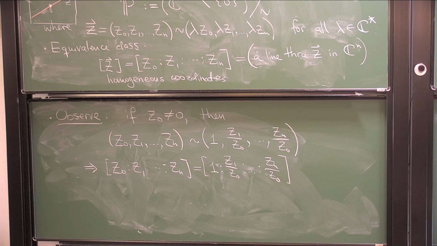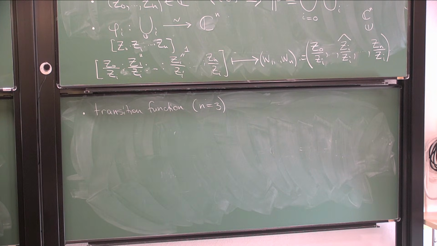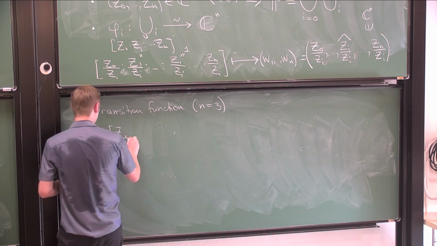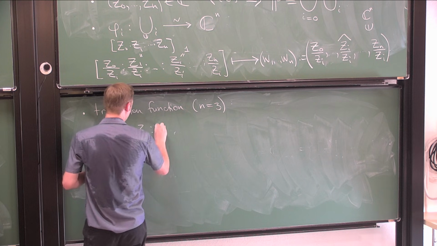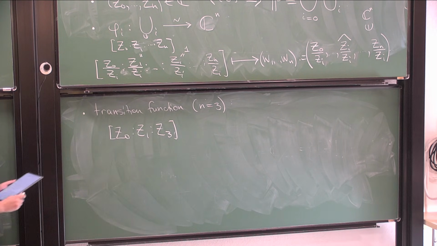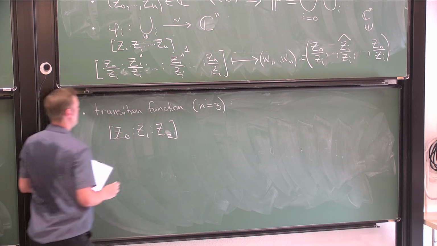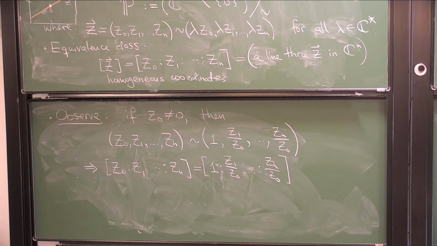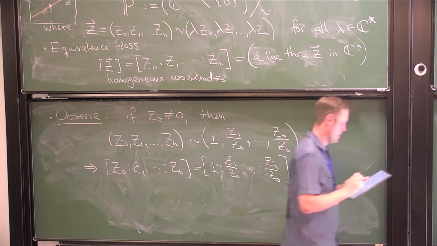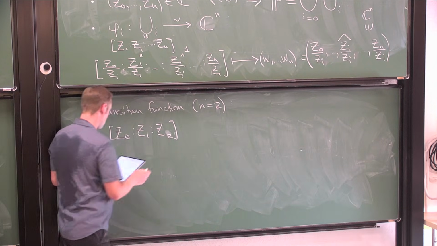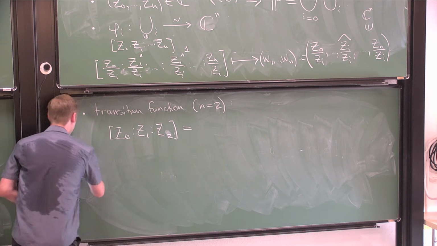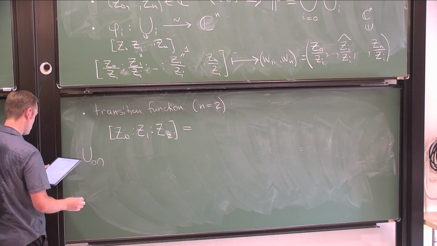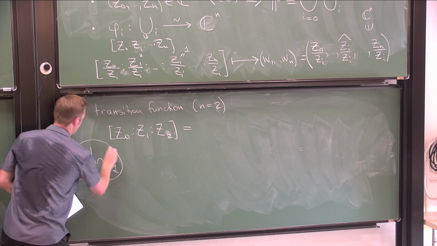So let's say in the case n equals 3. Is that the one I want to do? Yeah. Sorry, no, I guess I want n equals 2. So these are the homogeneous coordinates, and let's say I'm looking at the double intersection U_0 and U_1.